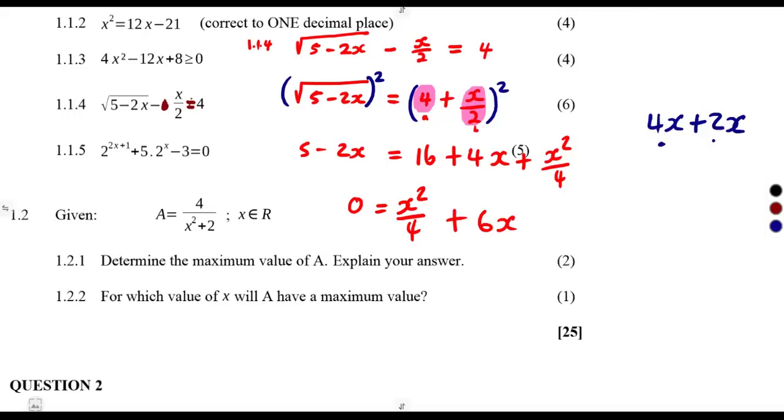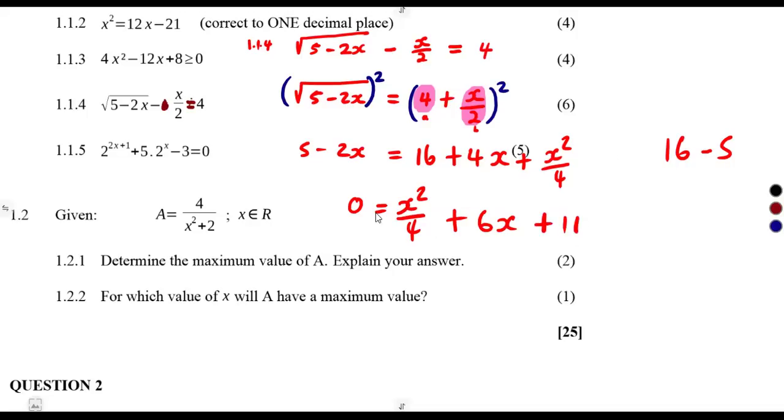So it is going to give us 6x. Same thing with this constant 16. There is already a 16 on the right-hand side. So take this 5 to the other side. It is going to be what? A negative 5 there. So meaning to say, we are going to have 16 minus 5, which is what?